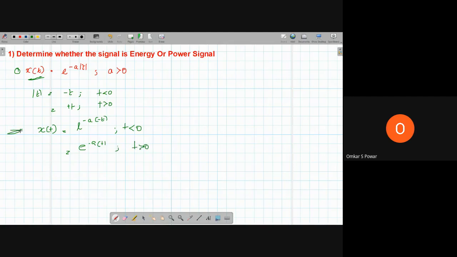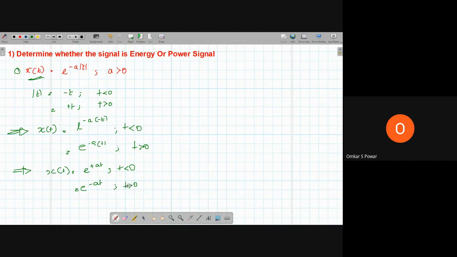We simplify this once again: x of t is equal to e power plus at for t less than 0, and e power minus at for t greater than 0.